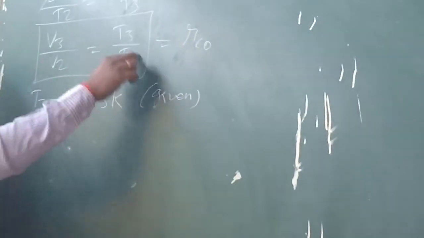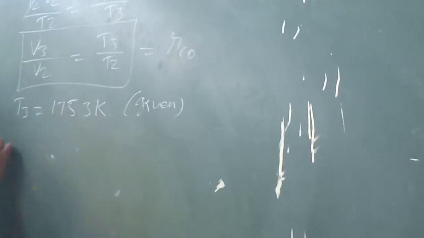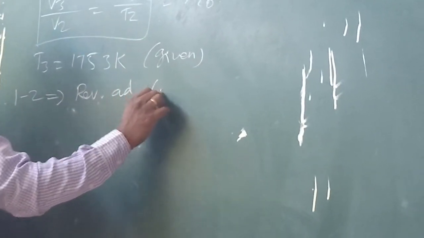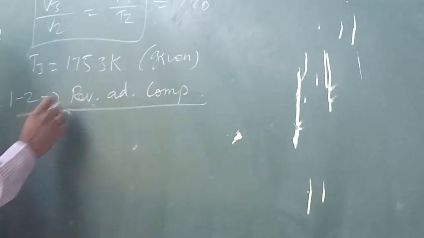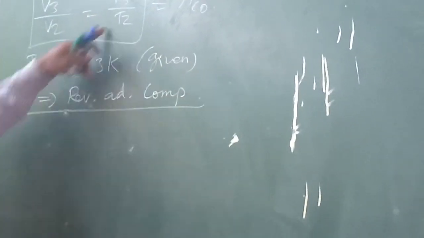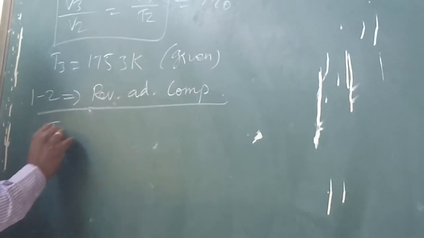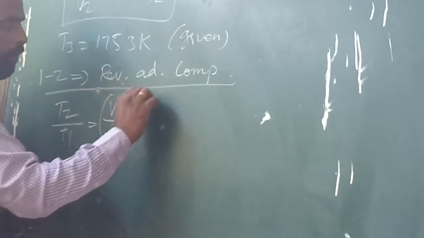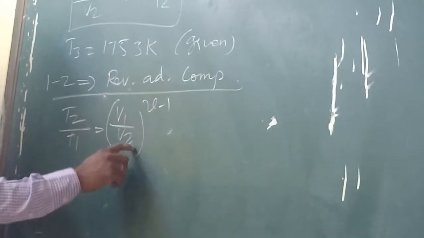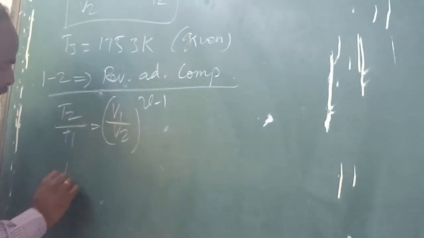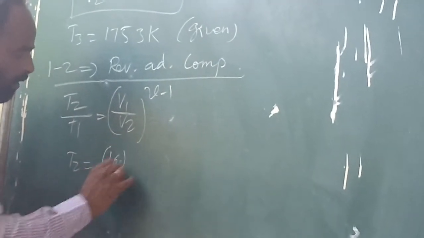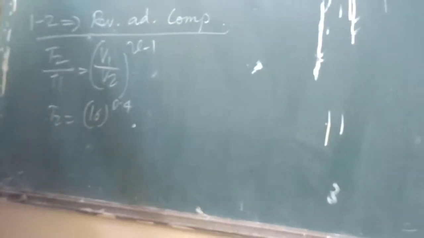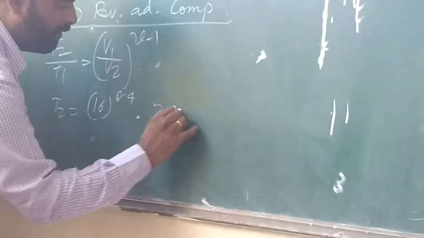Since I need to find T2, I can go for process 1 to 2. The 1 to 2 process is a reversible adiabatic compression process, so we can write the temperature and volume relation: T2 by T1 equal to V1 by V2 power gamma minus 1, where V1 by V2 equals rc, which is given in the problem as 16. So T2 equals 288 times 16 power 0.4, where gamma equals 1.4 and T1 equals 288 Kelvin, given in the problem.